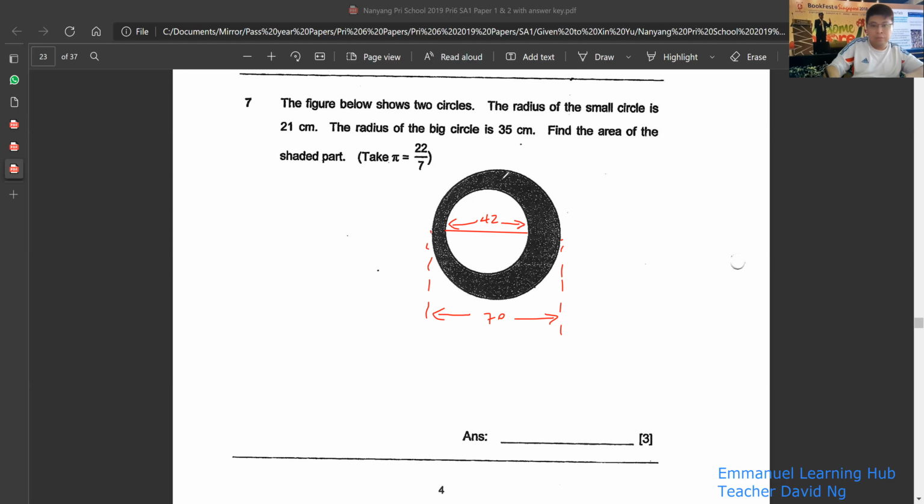Okay. Area of the shaded part. What do you think is the area of the shaded part? Actually, you don't need the diameter. Just the radius itself would do.